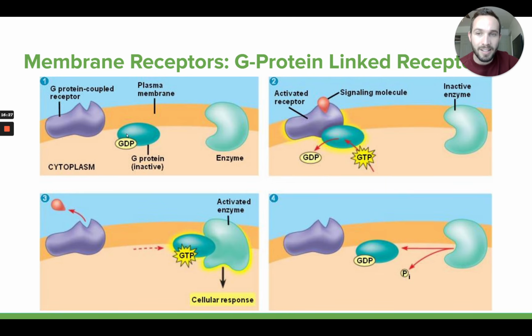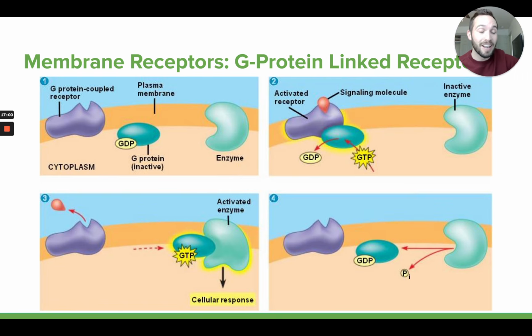On the inside of the cell, there are these G proteins, which are peripheral membrane proteins floating on the inside of the cell membrane. They have a molecule called GDP attached to them. GDP is a low energy molecule, but it can be replaced with a high energy molecule called GTP. You might be thinking that this sounds a lot like ADP and ATP, and it is just like ADP and ATP.